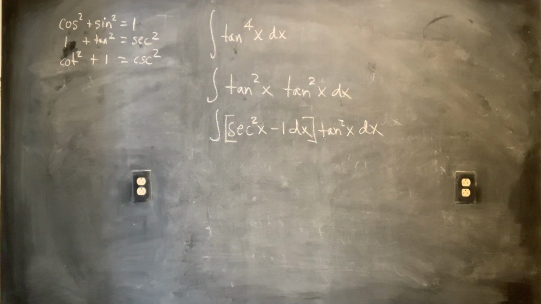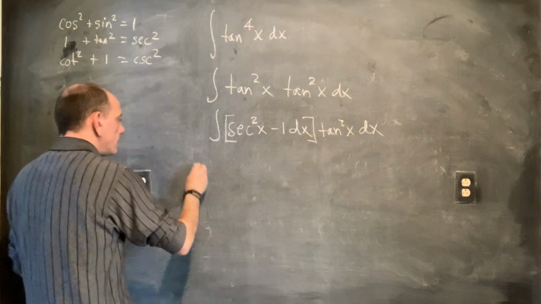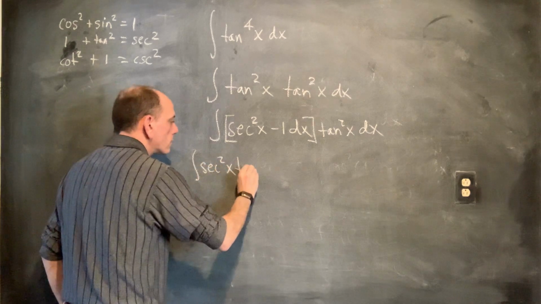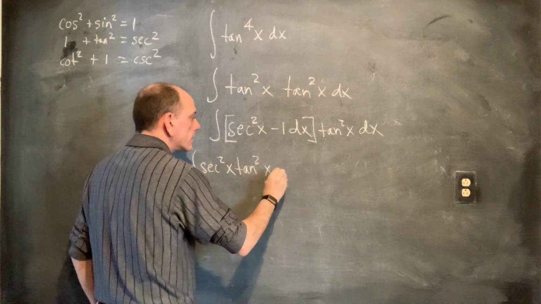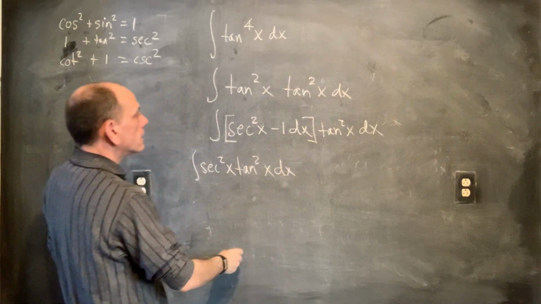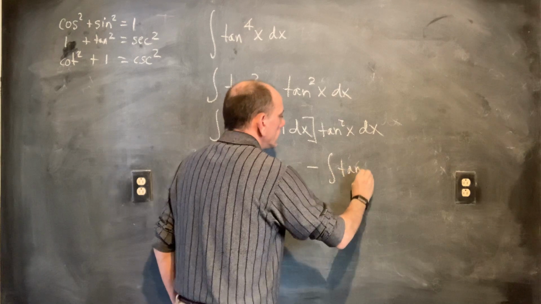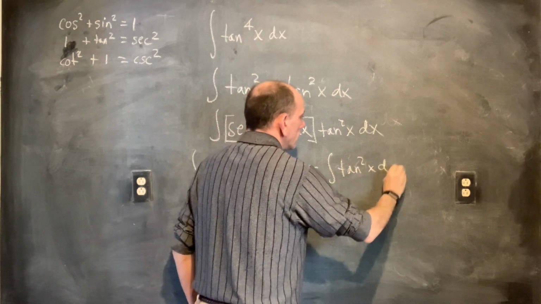Sweet. So let's see what we get. We're going to split those. Integral secant square x tan square x dx, and minus integral tan square x dx.